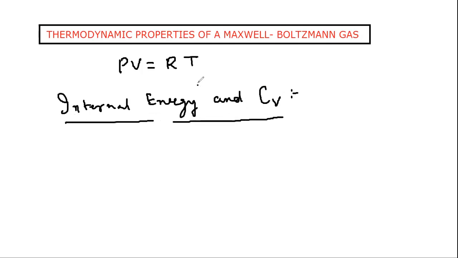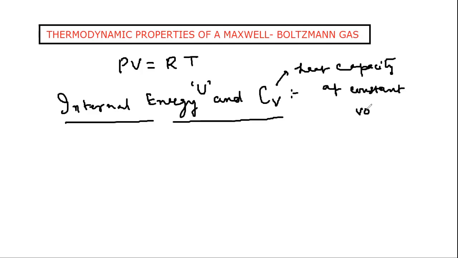So let us denote internal energy by U, and C_V is representing here heat capacity at constant volume.